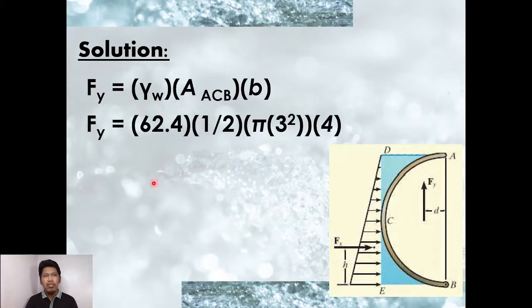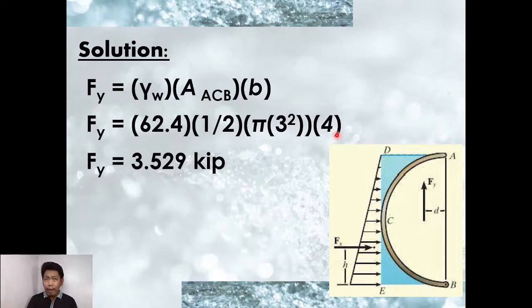So, 62.4 multiplied by 1/2 yung area na pi r squared kasi kalahati, di ba? Alam natin yung r na 3 feet kanina, multiply by b, yung length na ina-analyze natin, 4 feet. So, running that equation, we will have 3.529 kips or kilopounds. Okay? Itong sagot na to, dinivide na automatic sa 1,000.